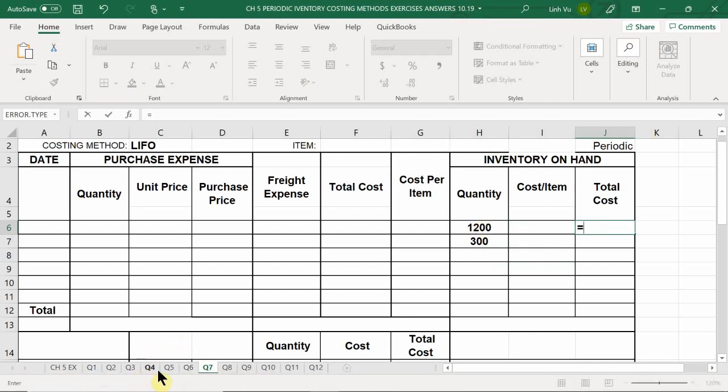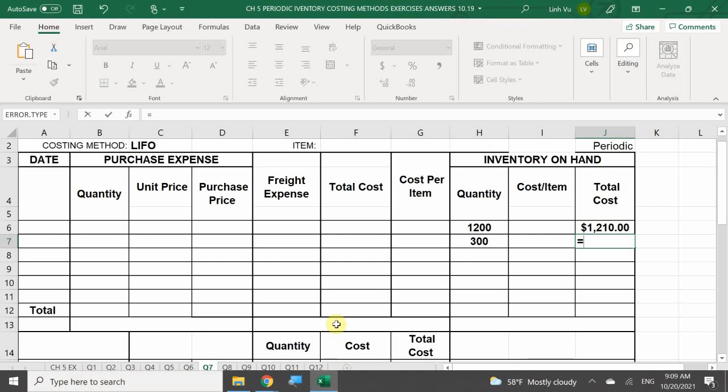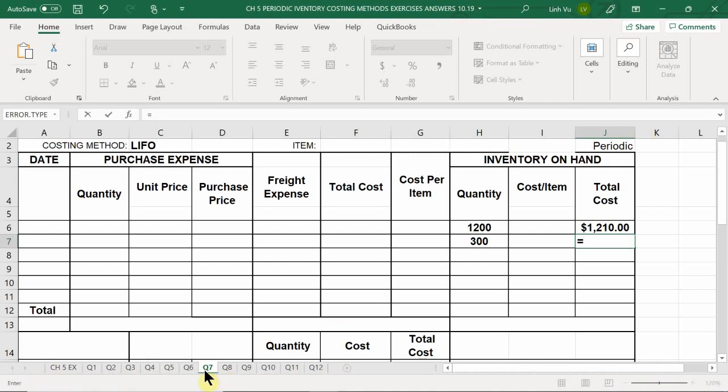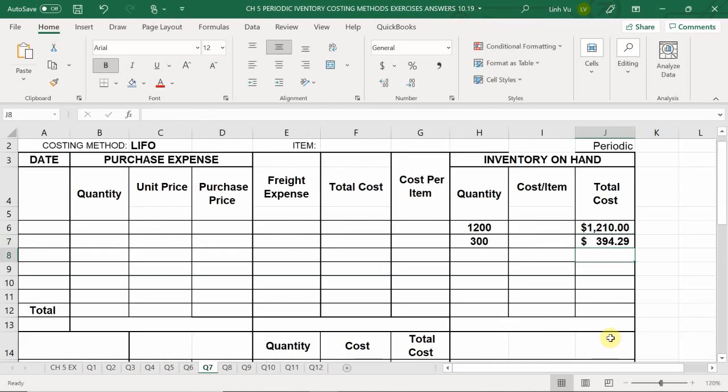So I'm going to carry my values over. The 1,200 was 1,210. And then let's see what the total value is for this column here, where I had 700 that cost me $9.20, but I ended up selling $525.71. So I should be left with $394.29.